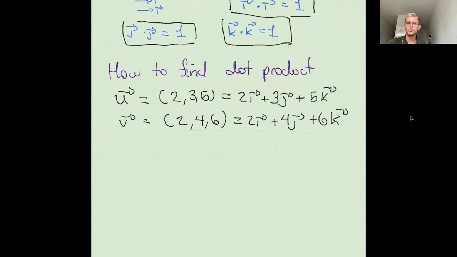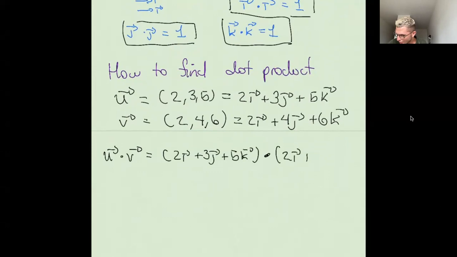And so if you wanted to do the dot product between them, this is just the same as (2i plus 3j plus 5k) dot (2i plus 4j plus 6k). But as I was trying to explain last time, there's a bunch of things that die.